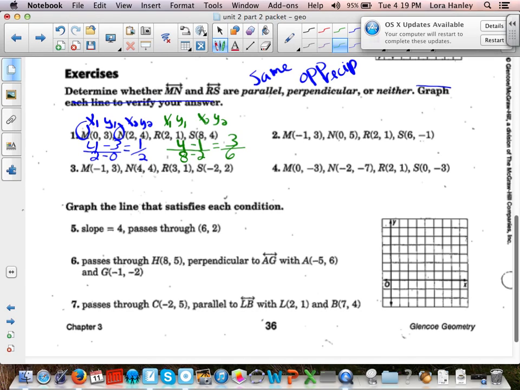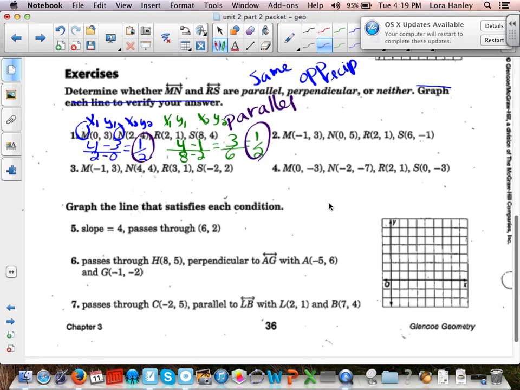If I reduce that, it reduces to 1/2. Well, I notice those slopes are exactly the same. So if you have the same slope, your lines have to be parallel. Okay, so that's what you would do for 3 as well.